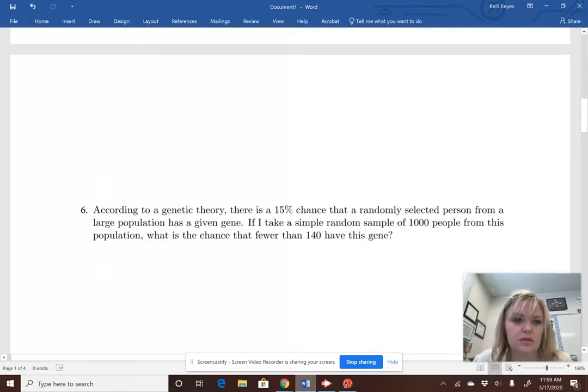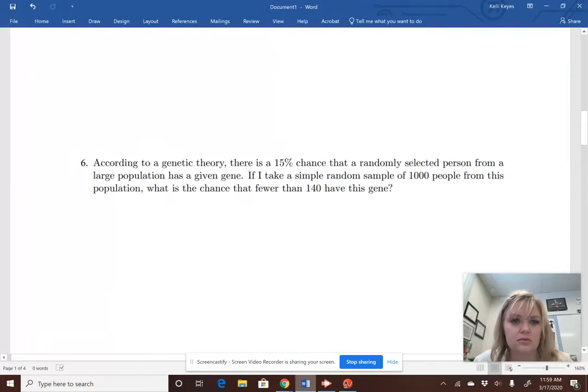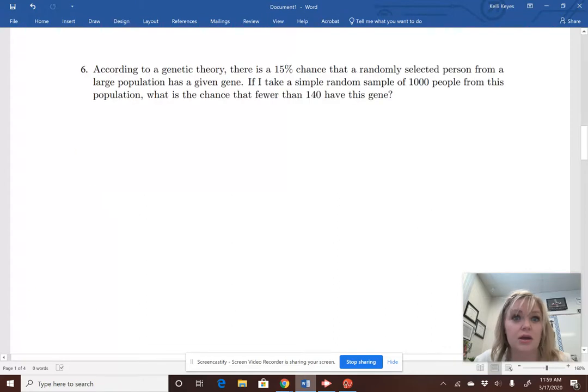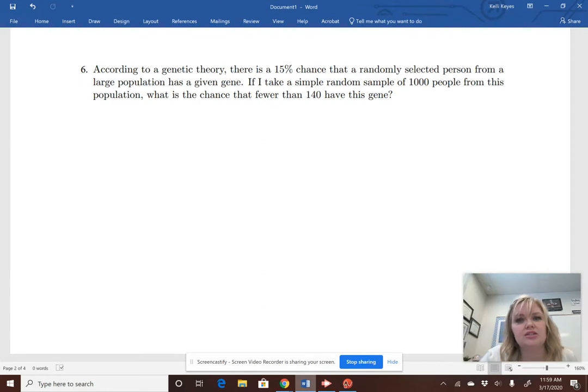And let's look at 6. This video hopefully won't be too long. It might be though. All right, so number 6 says there's a 15% chance that a randomly selected person has a particular gene, and if you take a simple random sample of 1,000 people, what is the chance that fewer than 140 have it? So let's set up a box model that shows those people that have the gene.